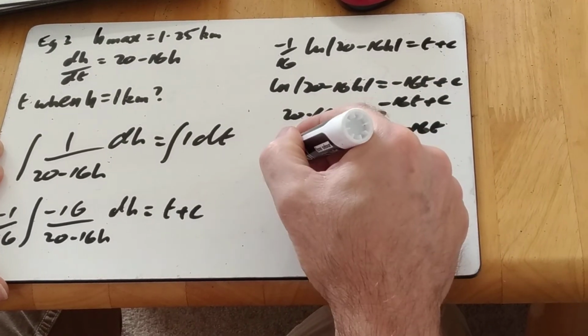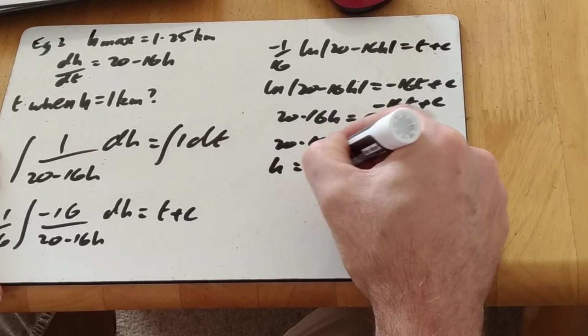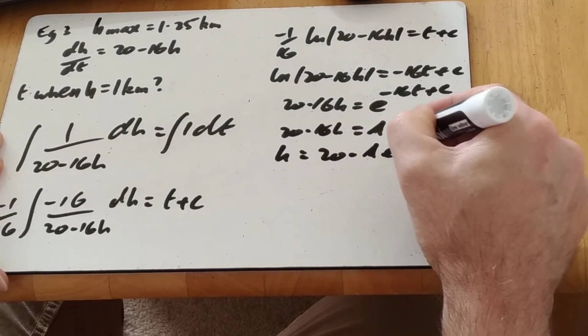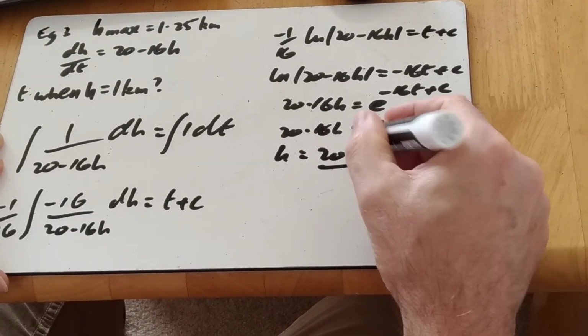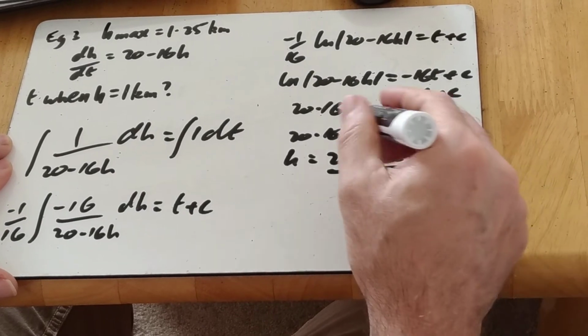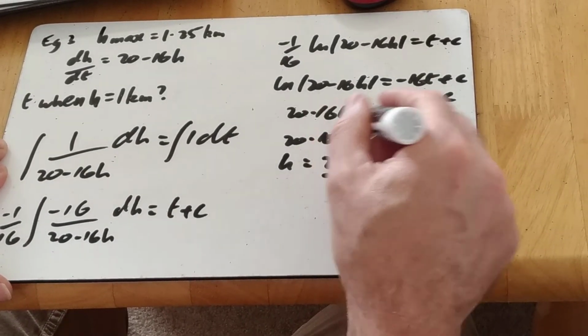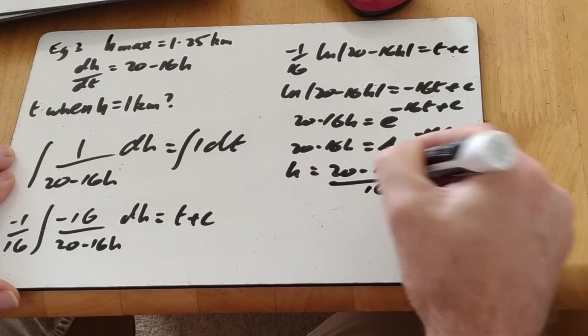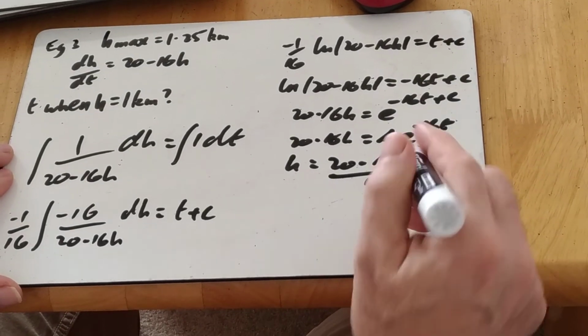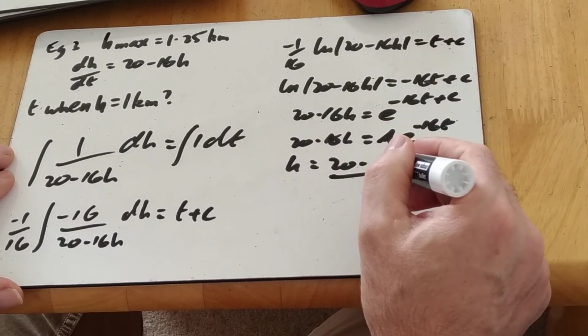Like that, and I can say that h is 20 minus a e to the minus 16t all over, got to be careful now, all over 16. To help me answer the question, I need to find what a is.